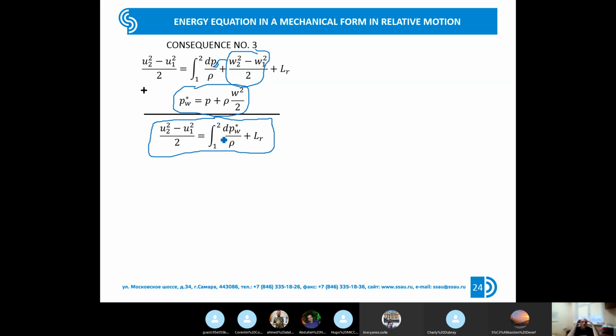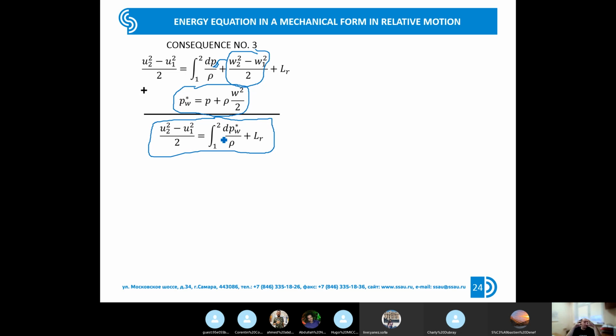This equation could be used for recalculating parameters between the first and the second section when you are calculating a turbomachinery stage. It's very important.